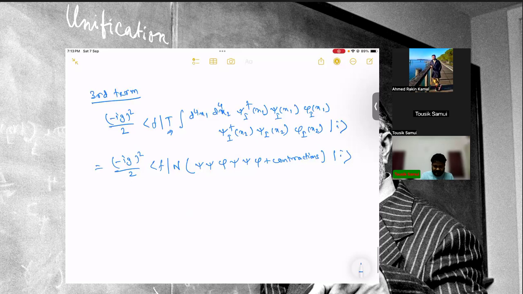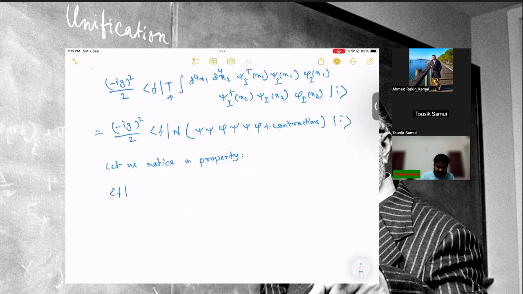Now, let us notice one thing before calculating this. Let us notice a property. Let us say I have a bunch of operators in between I and F, initial and final state. Let's say those operators are b q2 dagger, b q3 dagger, and then this q in I, some number of operators.